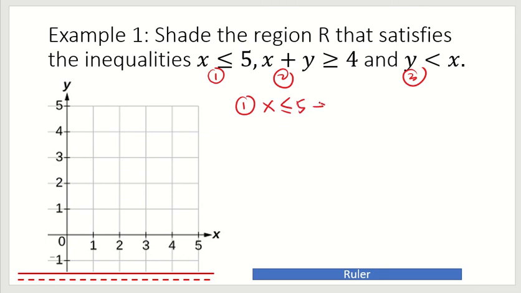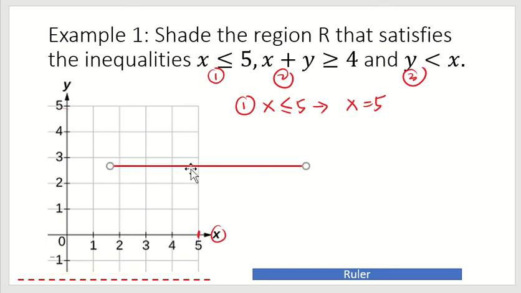So from here you need to draw the equation for x equal to 5. Where is x equal to 5? It cuts the x-axis at 5, so it's a vertical line.